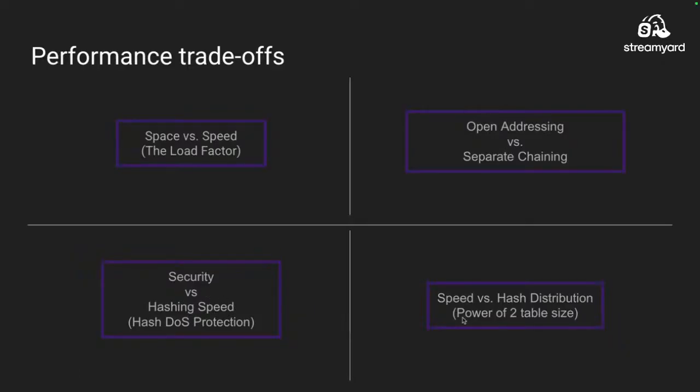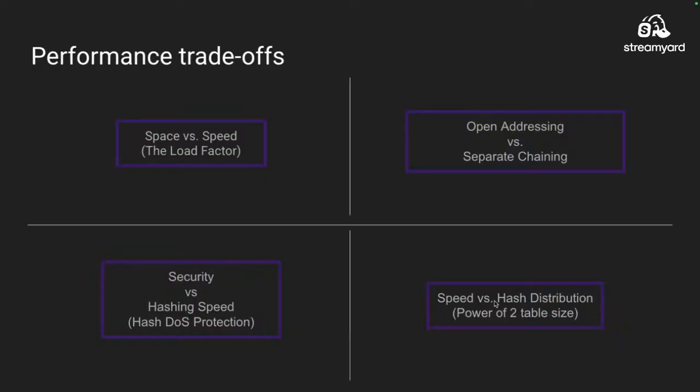Then another trade-off is due to the table size. The reason why they have a table size as a power of 2 is that, till now, I have been mentioning that a modulo table size operation is performed to get the index, but internally what Python does is perform a bitwise AND operation with the table size minus 1.